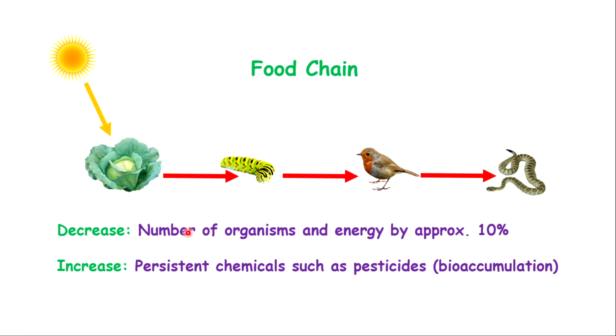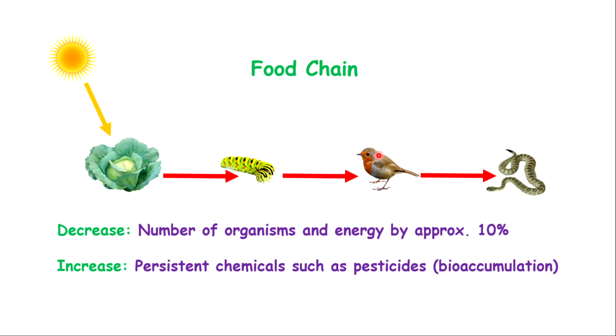If the caterpillar is eating the cabbage, and let's say there is less cabbage and more caterpillars, then some of the caterpillars will not get food and will starve, right? So what is supplying the energy must be greater than what is receiving the energy.